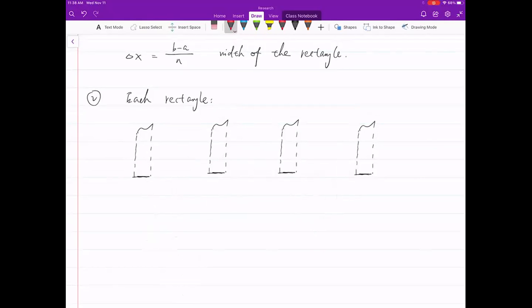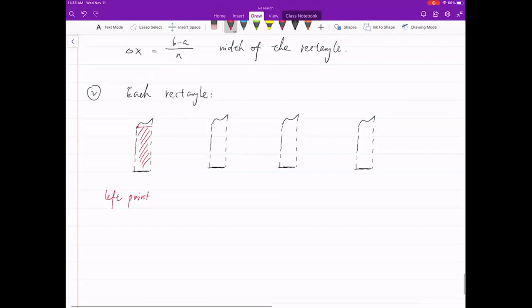Okay, so we know the height is the key. The width is already fixed. Easy way to do it is just pick it to be this one. This is called the left point formula. The second way, you can actually pick this one. You use the value here to be the height, which is on the ending point.